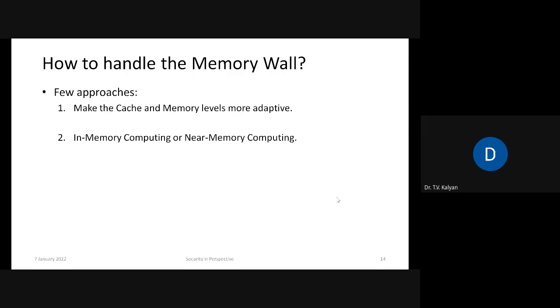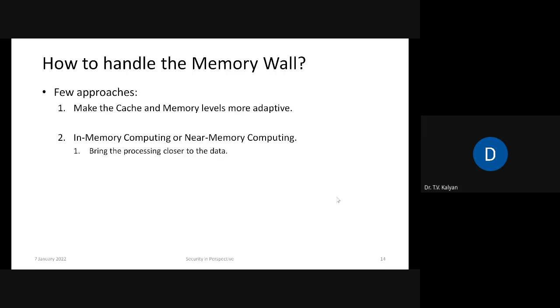Now, another approach was in-memory or near-memory computing, right? As the cache itself is becoming more or less useless, both because of less locality and application footprint, there was a popular thought on why not bring the memory itself closer to the processor.